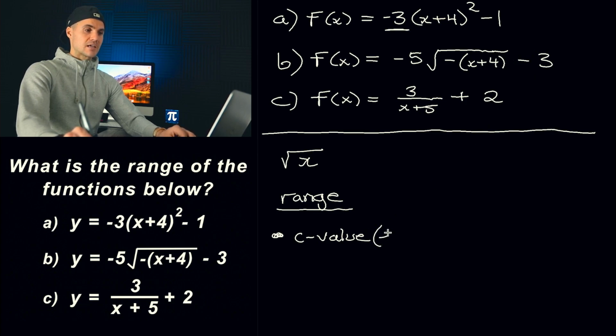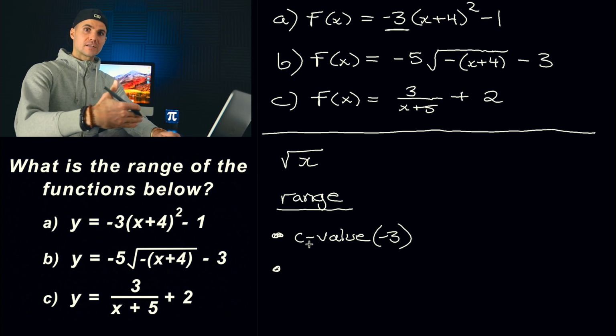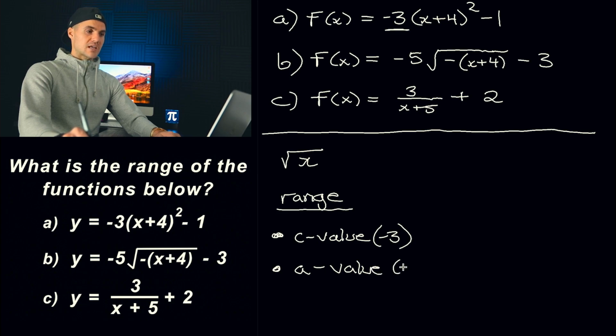So in this case, it is -3. And then it's also going to depend on the A value, or whether it's increasing, or whether it's decreasing, or whether it's been reflected in the x-axis. It's going to depend on the A value, which in this case is -5. It's only going to depend on those two values.